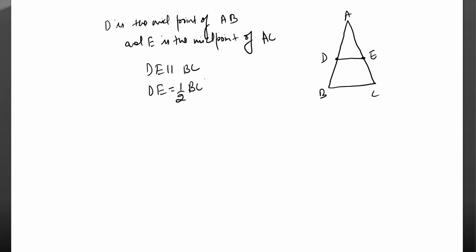This is called the midpoint theorem. If a line segment is passing through the midpoints of two sides of the triangle, then it will be parallel to the third side and also half of the third side.